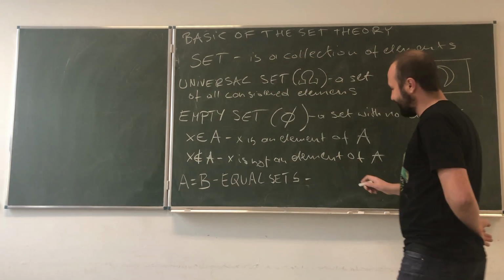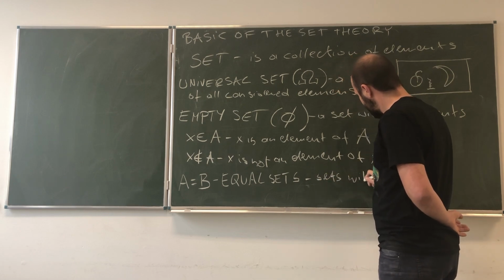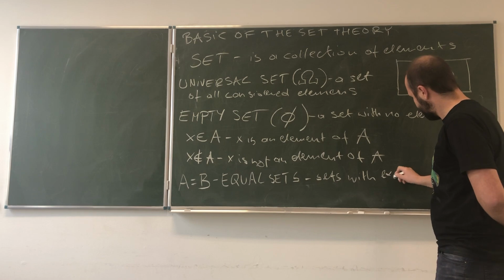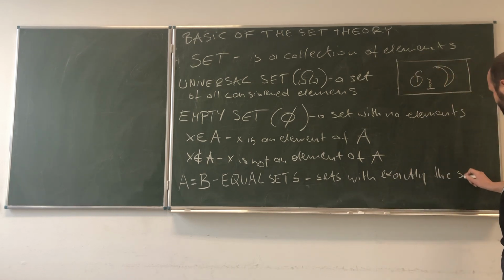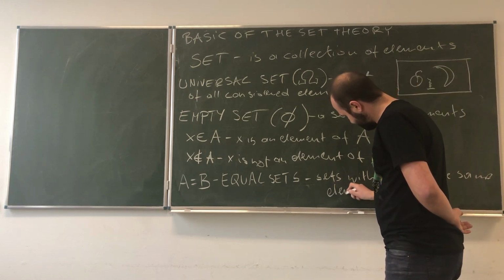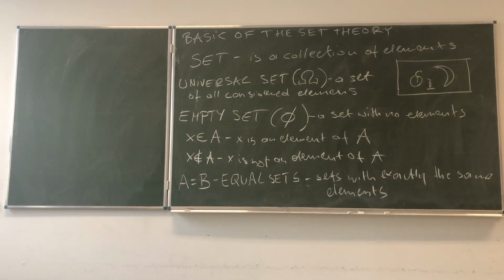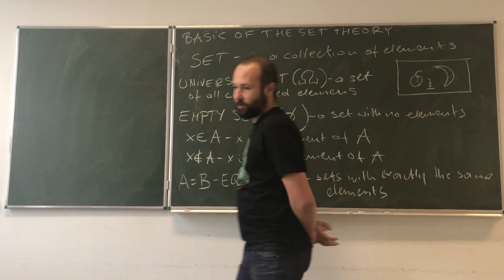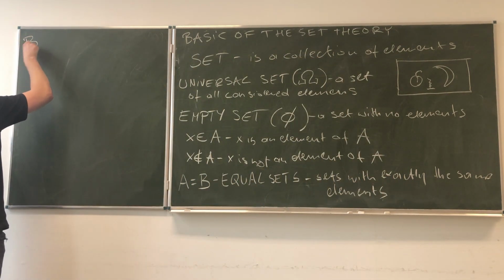So those are sets with exactly the same elements. Okay, so we are getting a lot. What else should we include here?